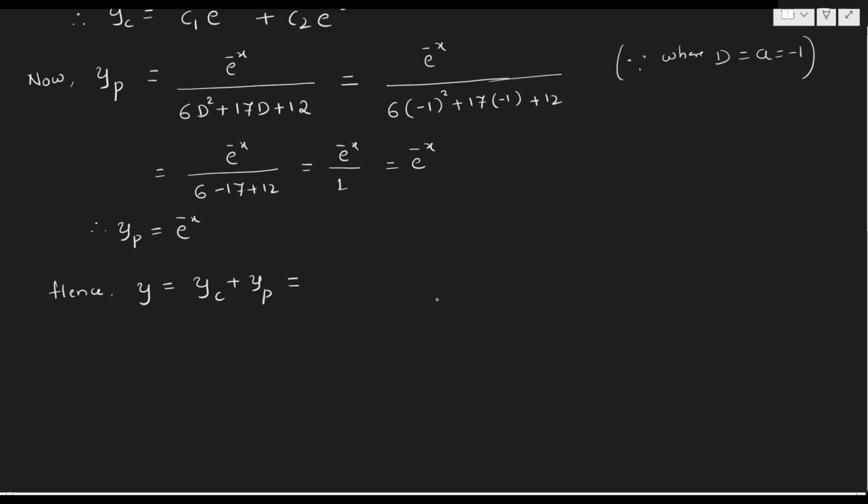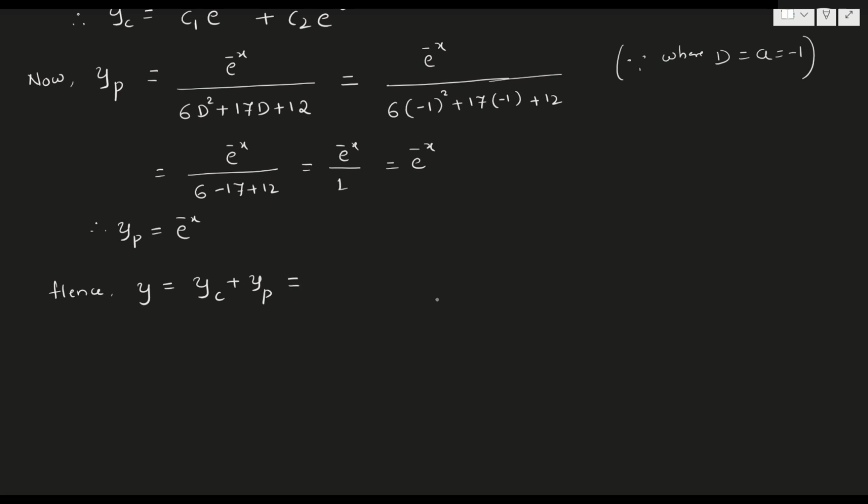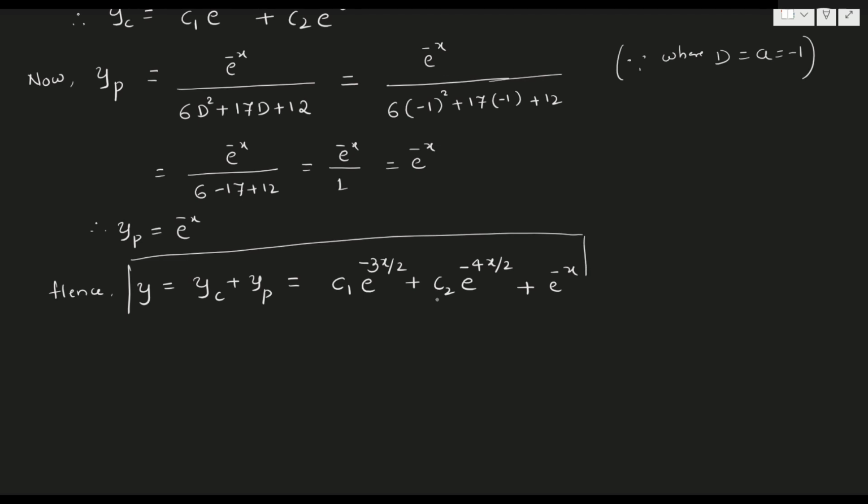So the complementary function is c1 into e raised to minus 3x by 2 plus c2 into e raised to minus 4x by 3, plus yp, where yp is e raised to minus x. This is our general solution of the given higher order differential equation, which is of type 1. What is type 1? e raised to ax divided by f of D form.